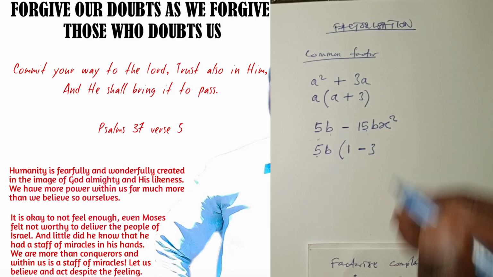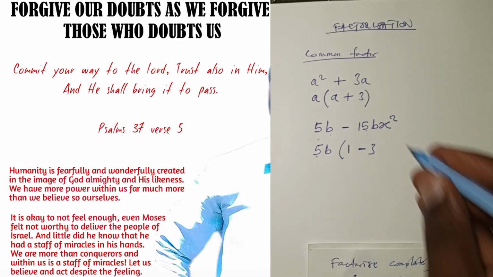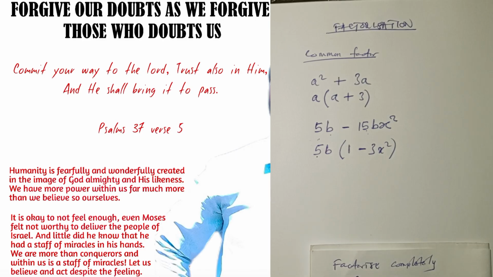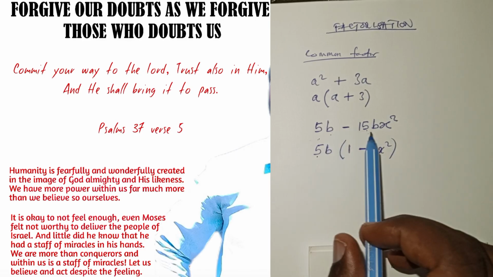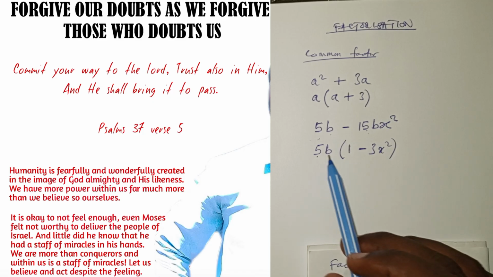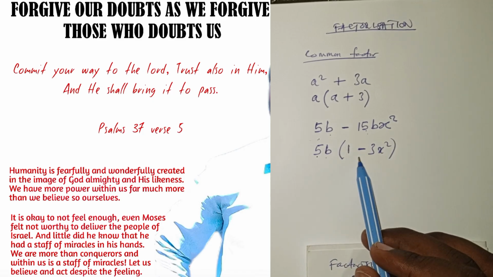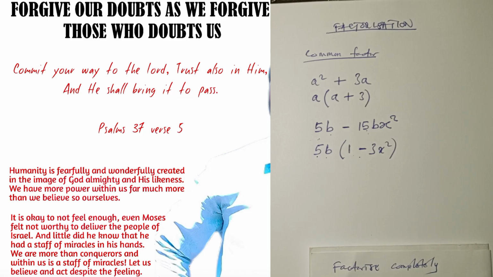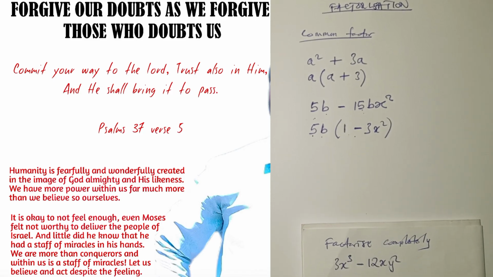Then b and b will cancel out, and you remain with x squared. So we have factorized by a common factor. The common factor there is 5b, and in brackets we get 1 minus 3x squared. Okay, so that's about common factor.